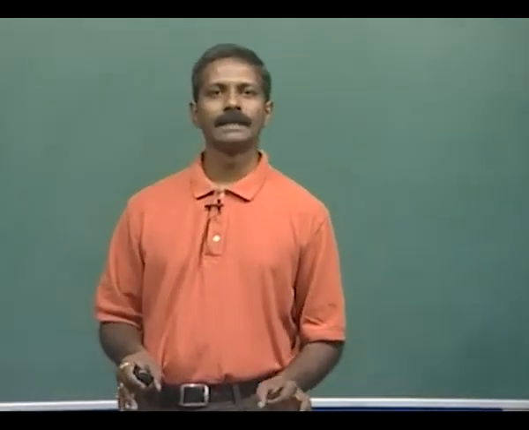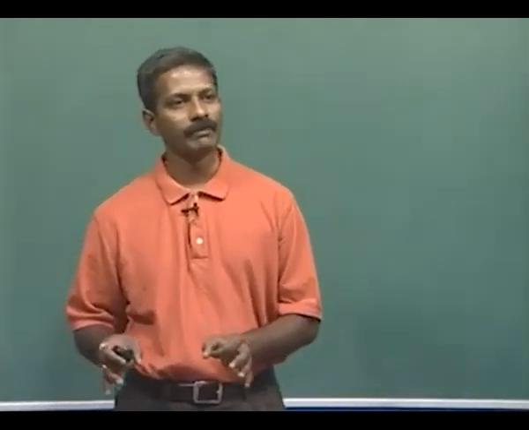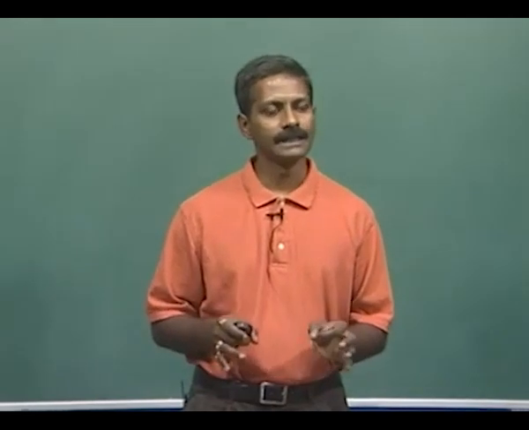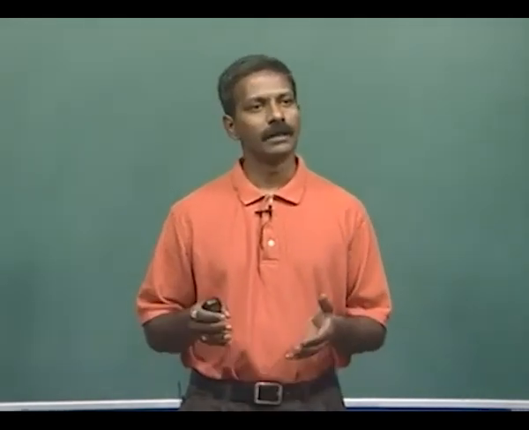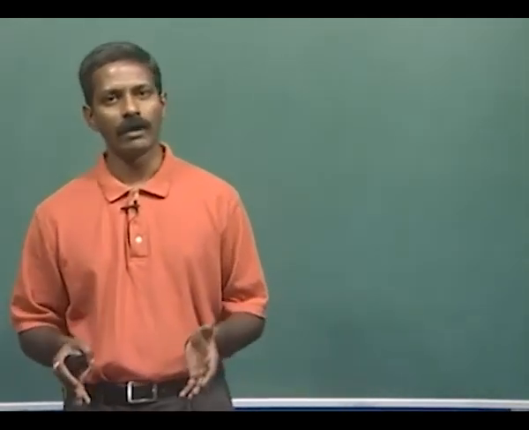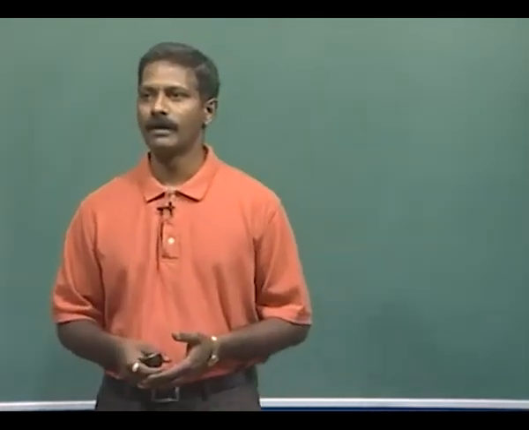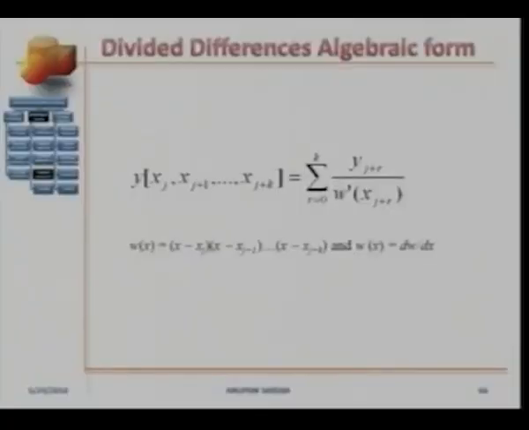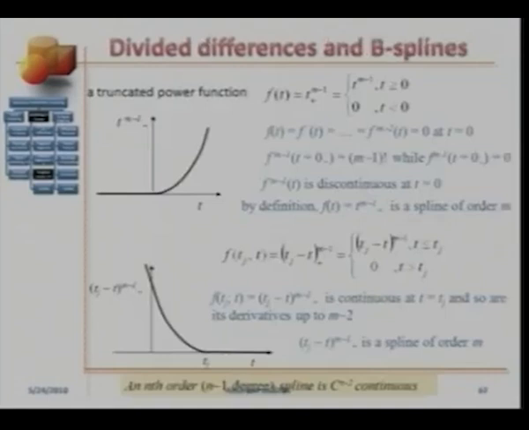Anyhow, we figured that the polynomial way of computing B-spline basis functions was a little tedious. We wanted a more formal way of computing them. For that, we started off with Newton's divided differences approach, and we considered the algebraic form. We applied Newton's divided difference approach to truncated power functions. Each truncated power function was a spline by itself.